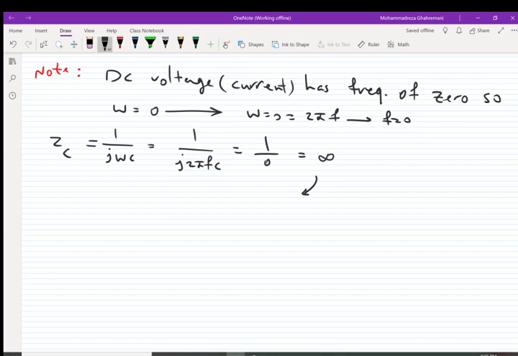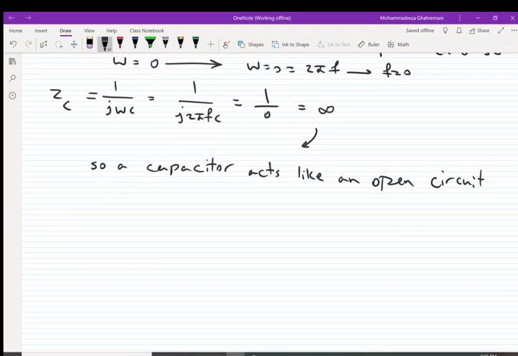So we can say a capacitor acts like an open circuit for DC excitation or DC signal.